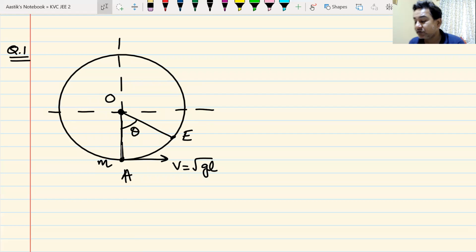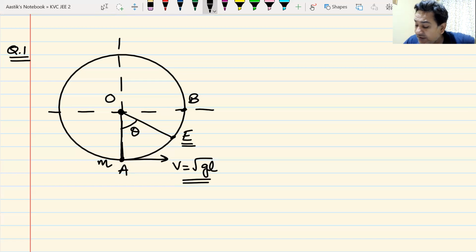Then comes this question. Now, what happens in this question? At the lowest point, A, I have given it a velocity root of GL. My first question is, will it reach the point B? No, sir. It will not reach point B. Well done. It will never reach point B. So it will stop somewhere between A and B. Let us say that this point E is the highest point it reaches.